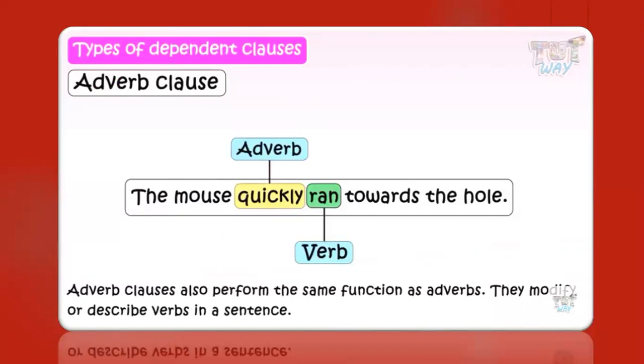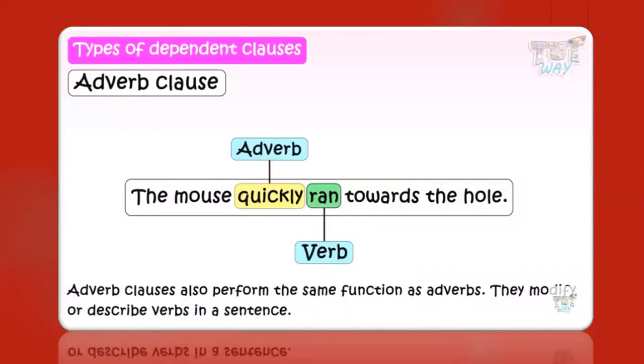The mouse quickly ran towards the hole. Now quickly is the adverb, ran is the verb. Adverb clauses perform the same functions as adverbs. They modify or describe verbs in a sentence. So how did the mouse run?